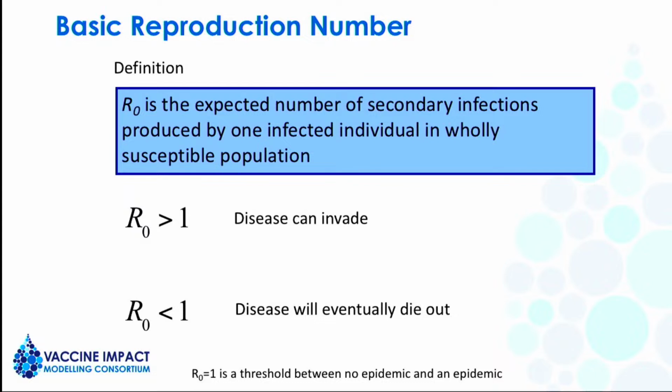So eventually, if it gets smaller and smaller and smaller, it's going to naturally die out based on this threshold. So it's essentially a threshold between an epidemic and no epidemic, but it doesn't mean that the number of infections instantly stops. It means that we're going to die out over each of the subsequent generations. Okay.